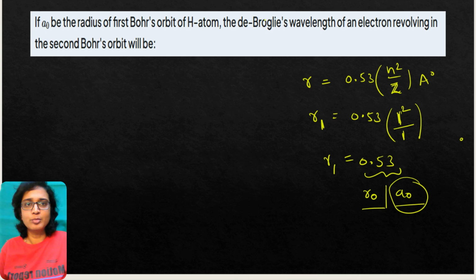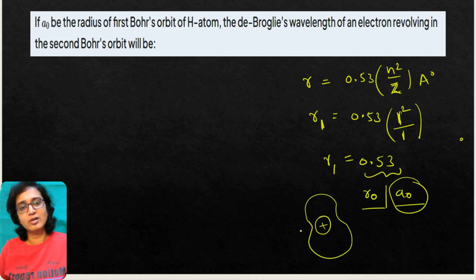And the de Broglie's wavelength of an electron revolving in the second Bohr orbit. According to de Broglie, the electron will revolve like this. The circumference 2 pi r is equal to 2 lambda for the second Bohr orbit.